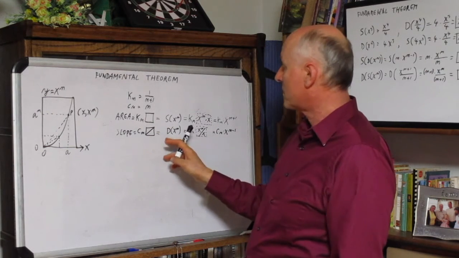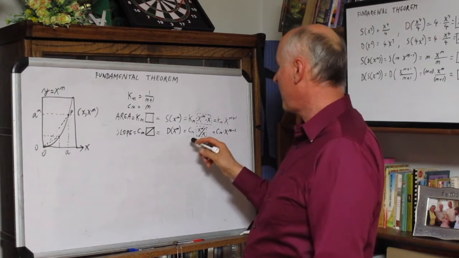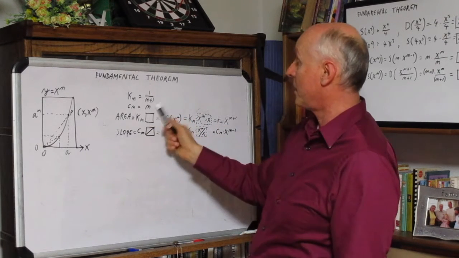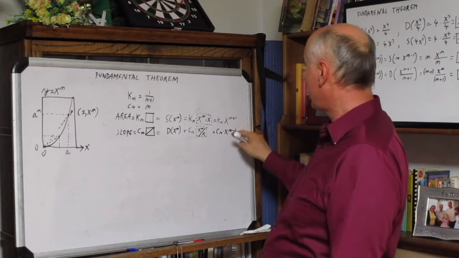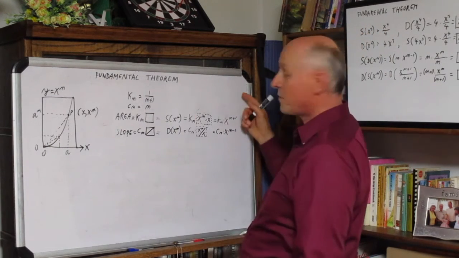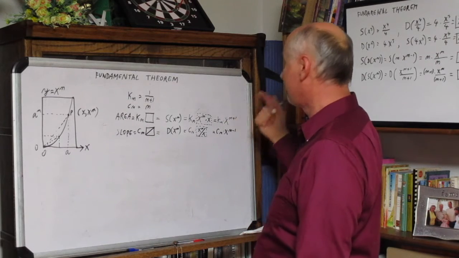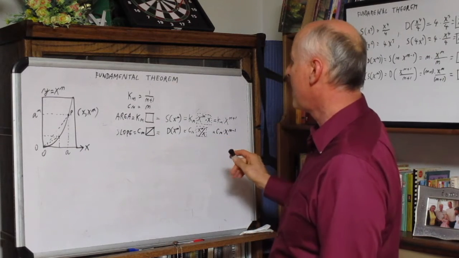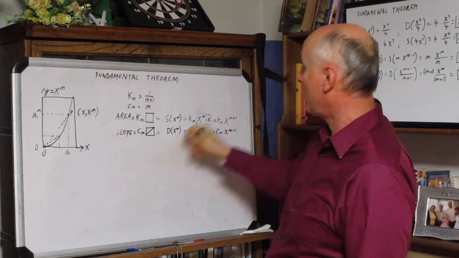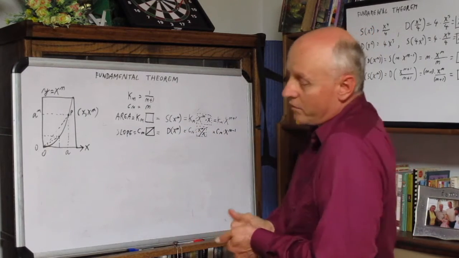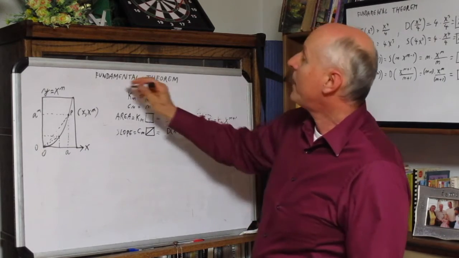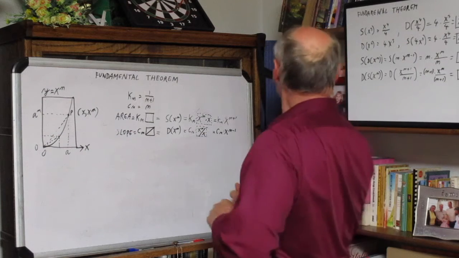That's simply an operation: take x to the n, divide by x, and multiply by C sub n, which is n, or lower it by 1 power. You can already see that the area increases the degree by 1 and the tangent slope decreases it by 1. So they are already inverse, they're opposite, and that's where we're headed in this fundamental theorem.